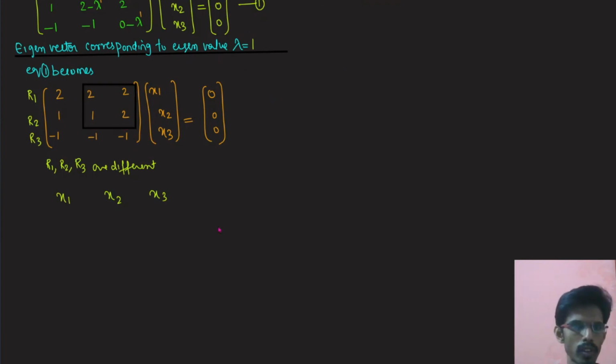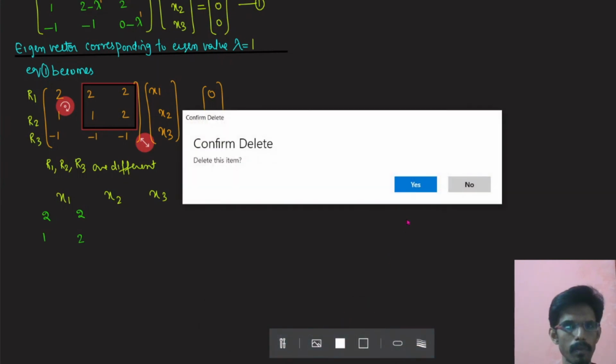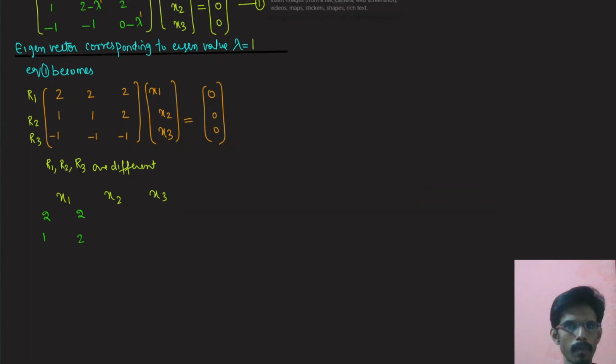Here I have 2, 2, 1, 2. Next, select one more submatrix here, that is 2, 2, 1, 1.